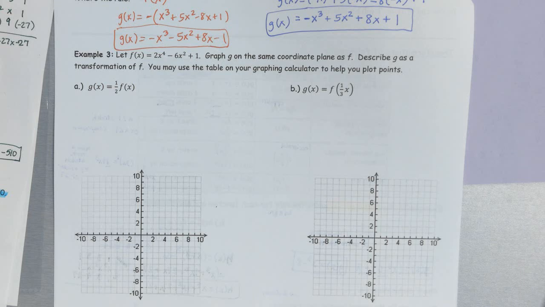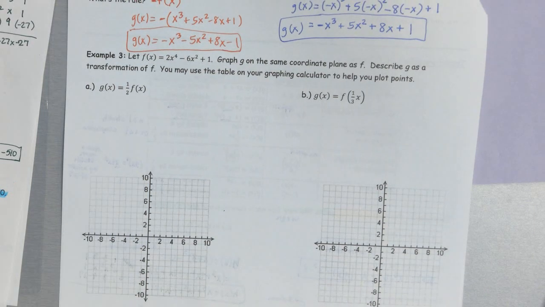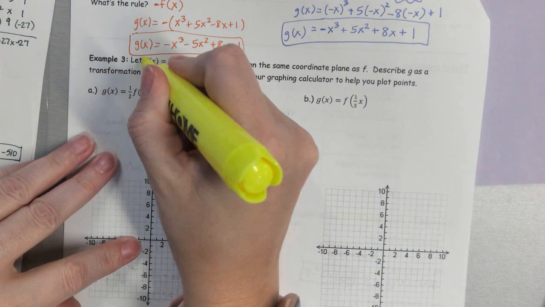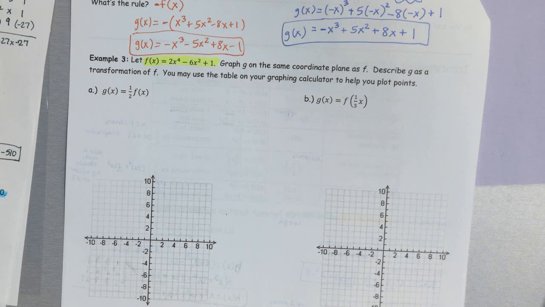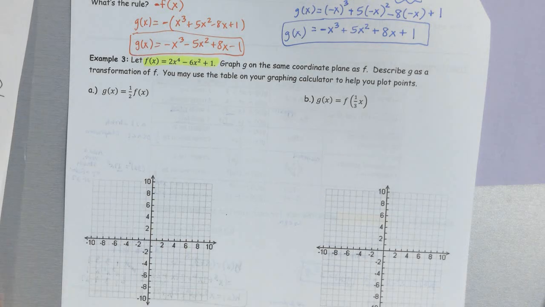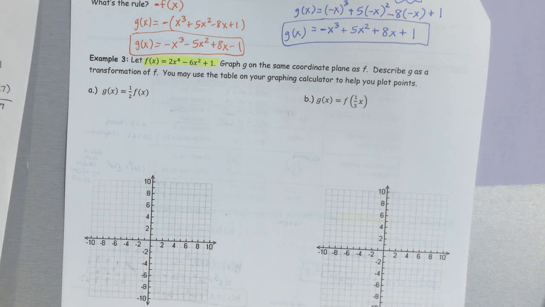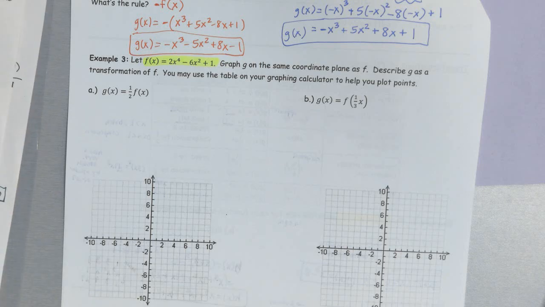Function f of x, and we are going to graph it on the same coordinate plane as the transformations. So let f of x equal, and I always like to highlight what I'm going to be graphing here. And then I'm graphing g on the same coordinate plane as f.